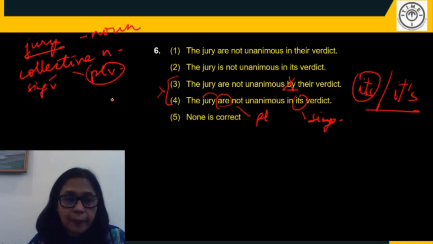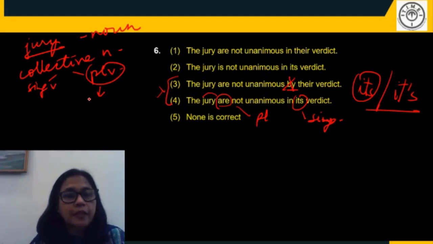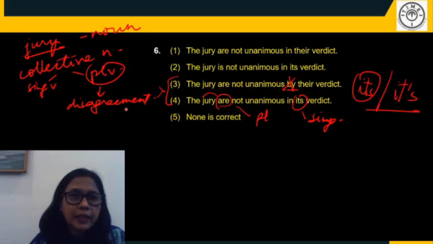When would this happen? When the members are being referred to as individuals, especially when there is some kind of disagreement, in this case. Disagreement means that the members are not able to come to some kind of agreement among themselves.